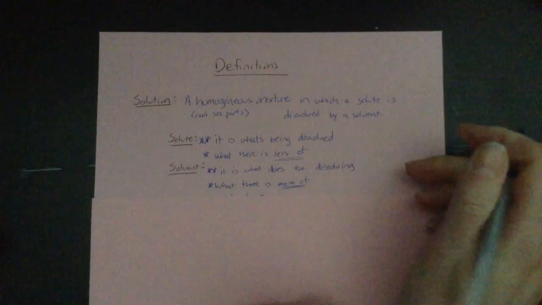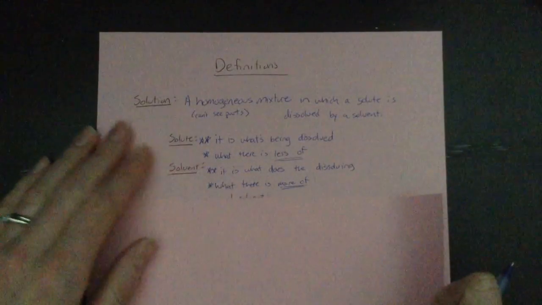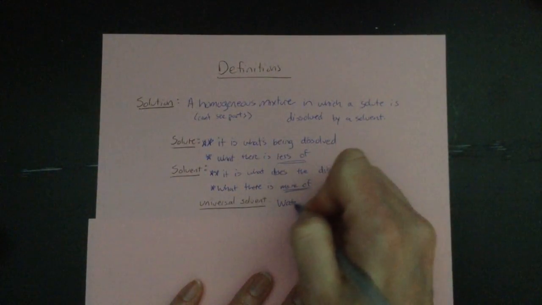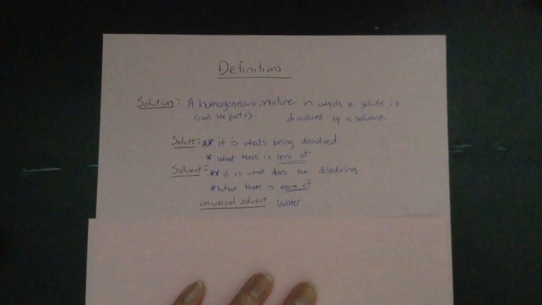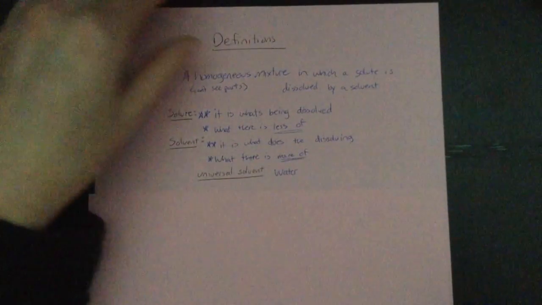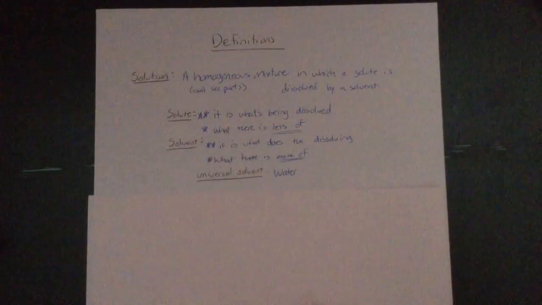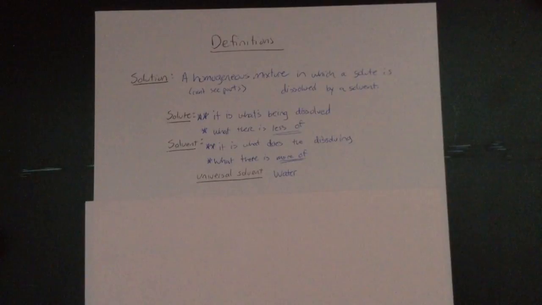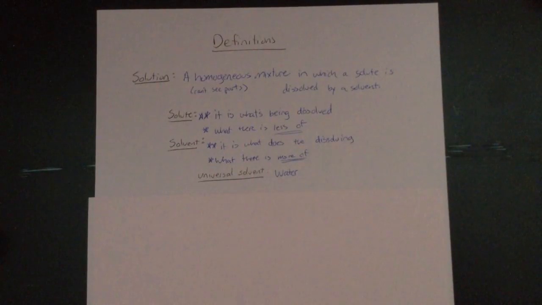Okay. What there is more of. And the universal solvent, just about everything dissolves in water. Not everything dissolves in water, but most things dissolve in water. So water is thought of as the universal solvent because you can dissolve ionic compounds and you can dissolve polar covalent compounds. And nonpolar compounds don't dissolve in water, but that's just a small portion of it.